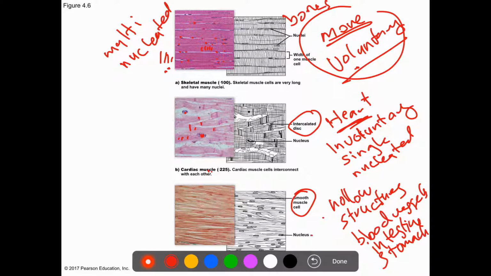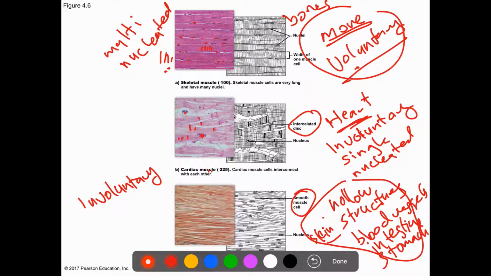Yeah, we find them even in our skin. So there are plenty of areas where we will find these smooth muscles. These are also involuntary. We don't have control over them. And also they have a single nucleus.